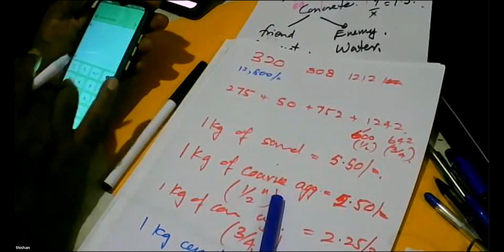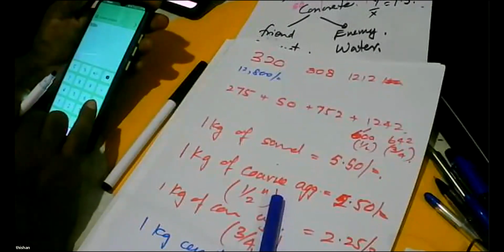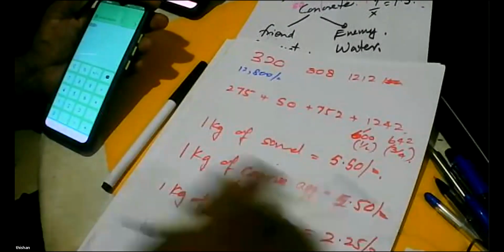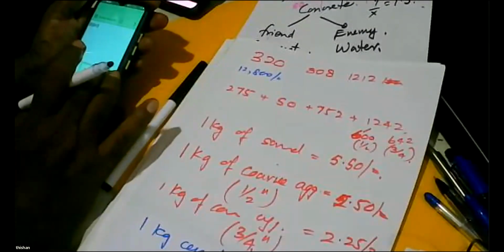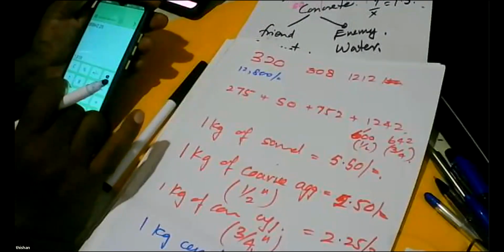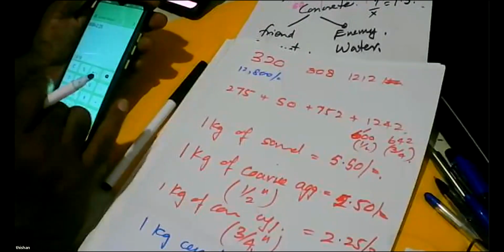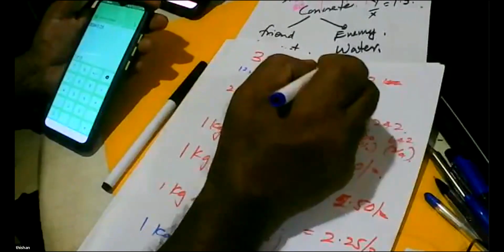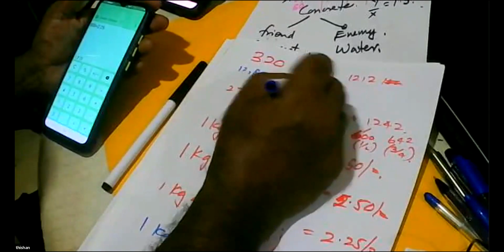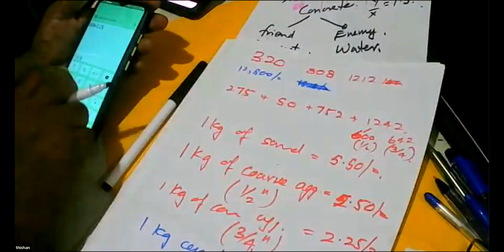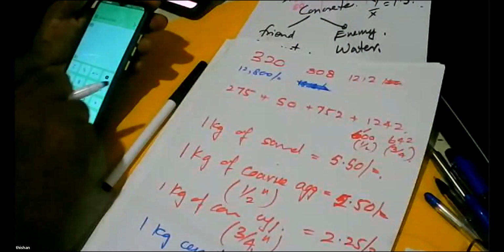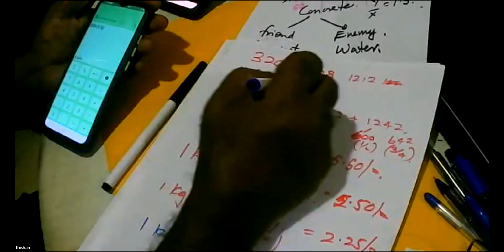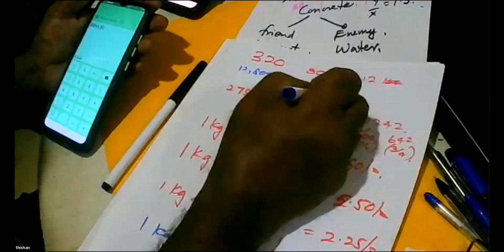Now 808 multiplied by 225... oh no, I got it wrong. 808 is sand, multiplied by 550, and that is 4,444.